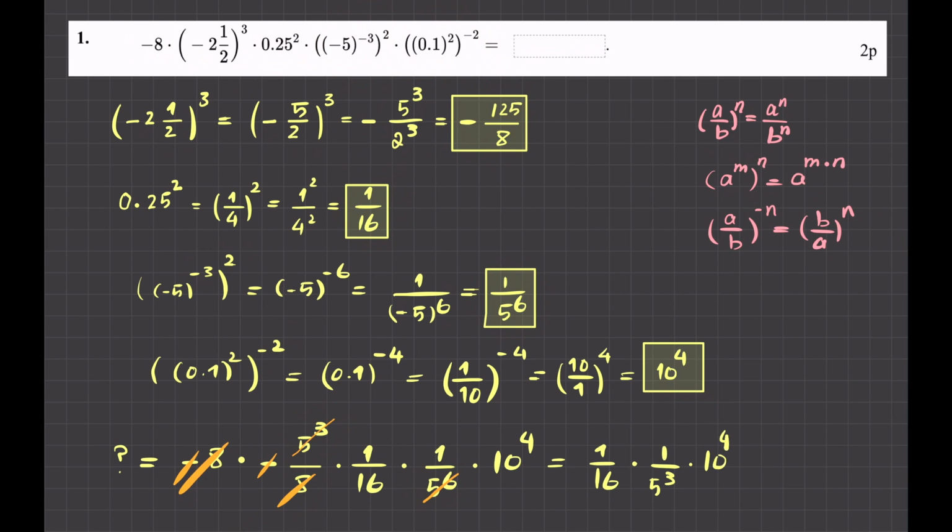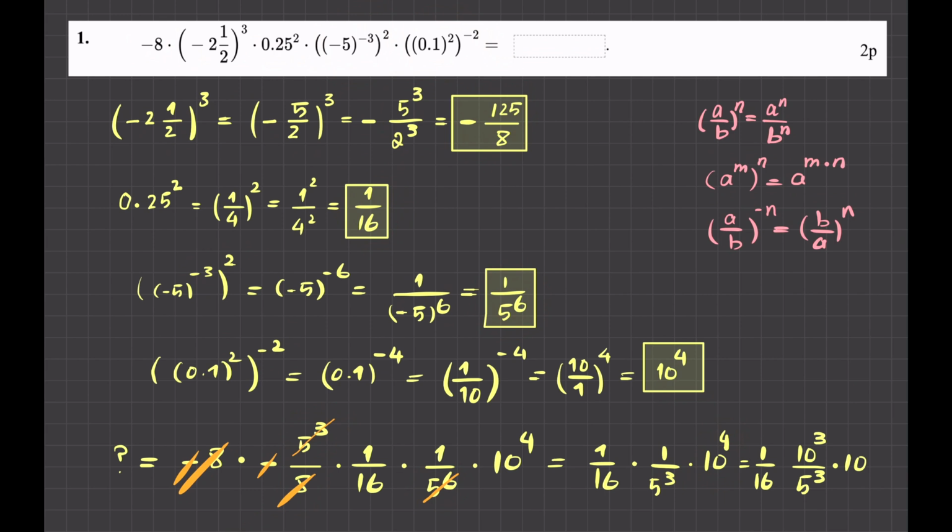Now I can borrow one of these 10s, because I have four 10s, but I have three 5s. So I would write 1 over 16, and then 10 to the power of 3 divided by 5 to the power of 3, and then multiplied by an extra 10.